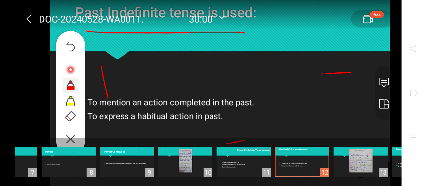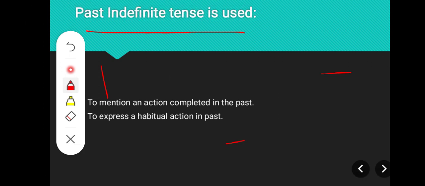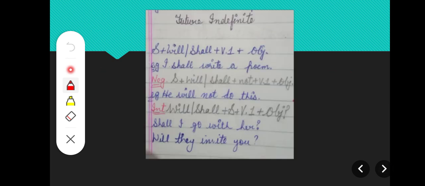So next we have the uses of past indefinite tense. Past indefinite tense is used to mention any action completed in the past or any habitual action in the past.